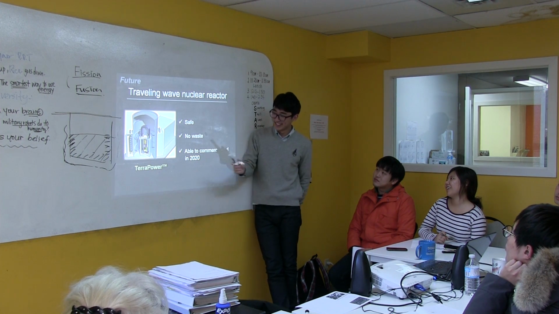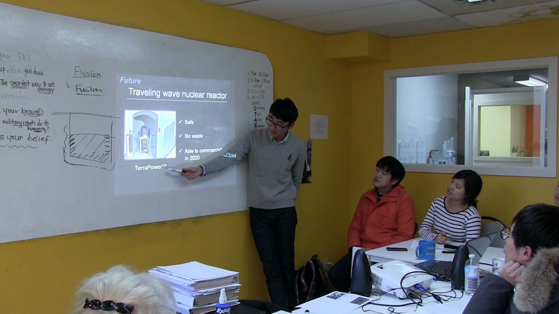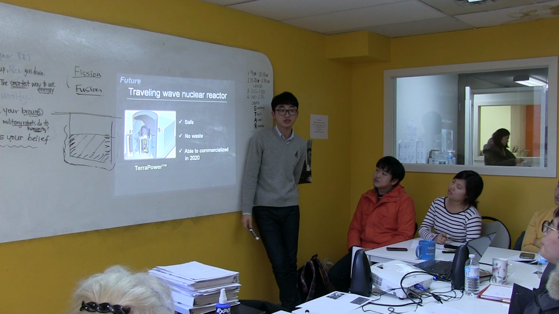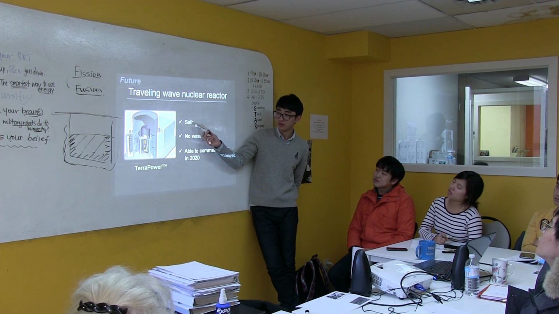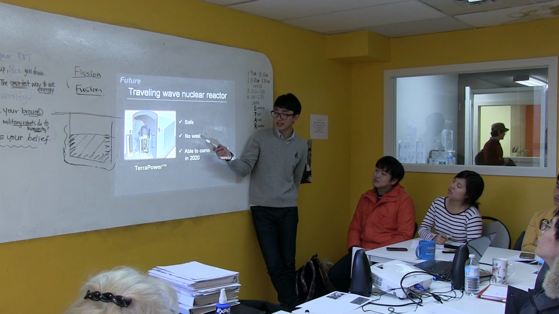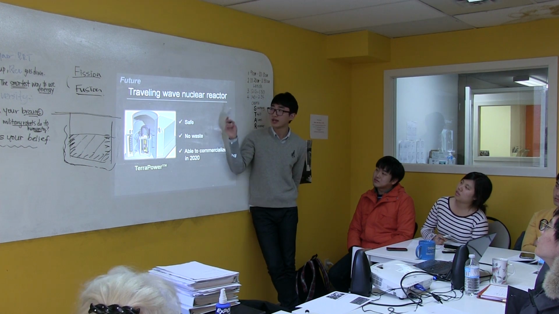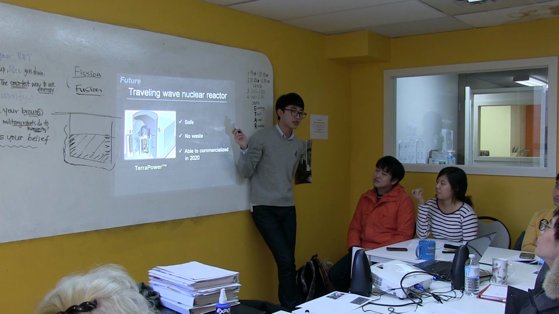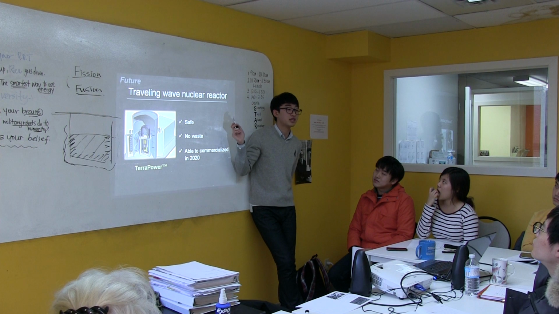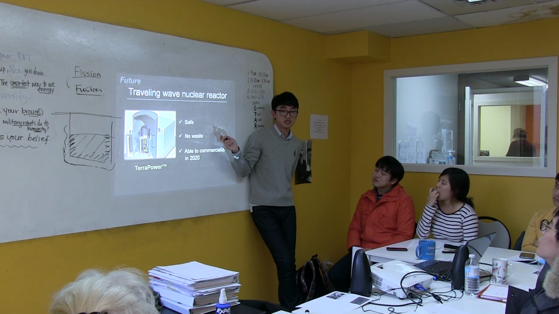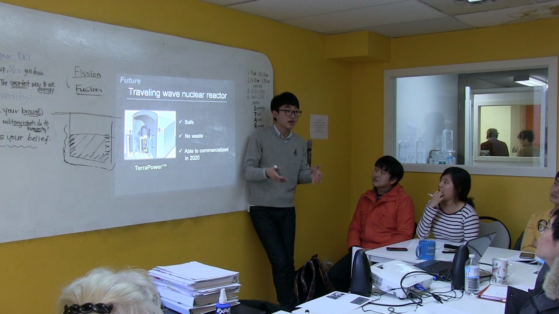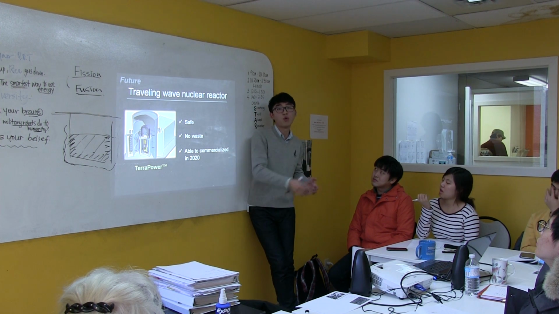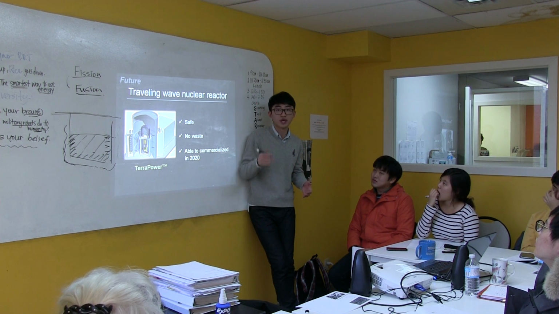It is made by the TerraPower company in the USA, and they said it would be extremely safe and there's no waste, because it's 100% efficient and they use a reprocessing technique. They don't minimize that material, they use the whole material in the nuclear reaction.